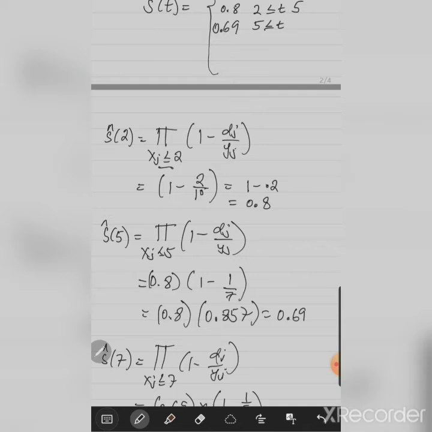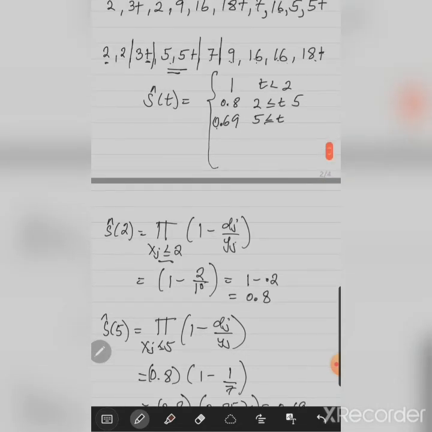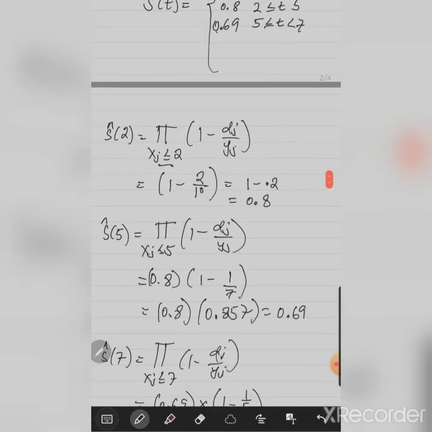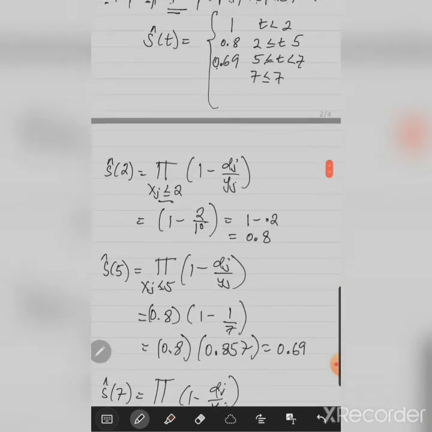So the estimated survival is going to be 0.69 when 5 is less than or equal to t less than 7, and when our t is greater or equal to 7, we're going to get 0.55.